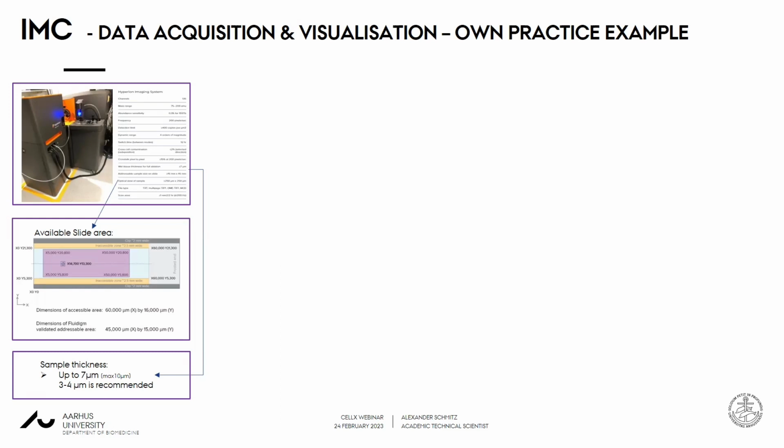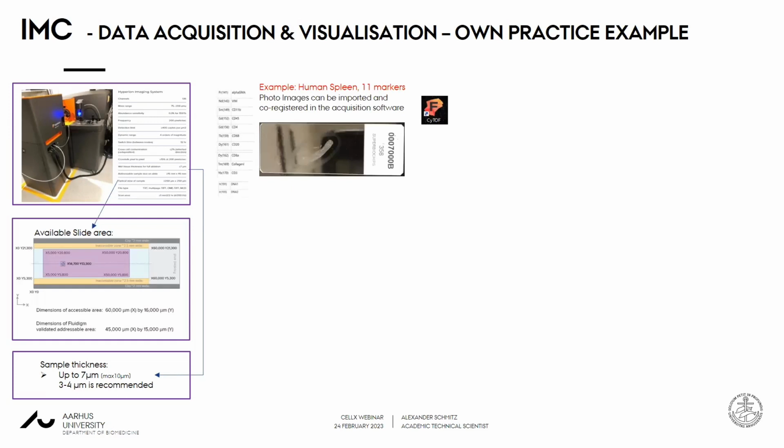Here I show a slide stained, a human spleen tissue stained with 11 markers. And this is a picture that I took with my phone, and then you can use this image.